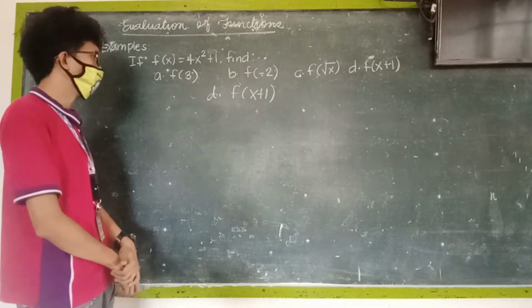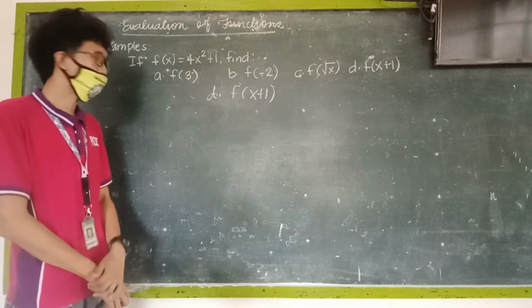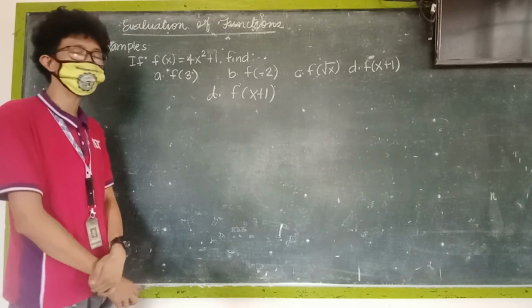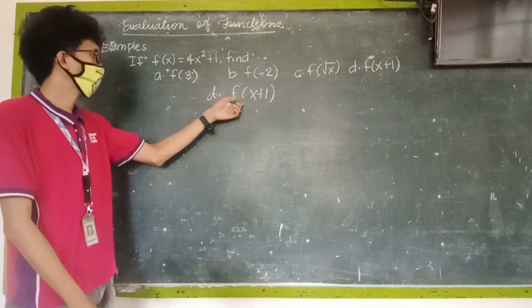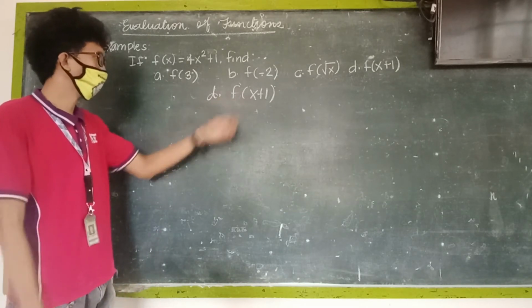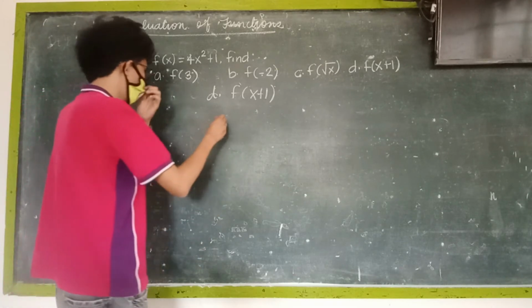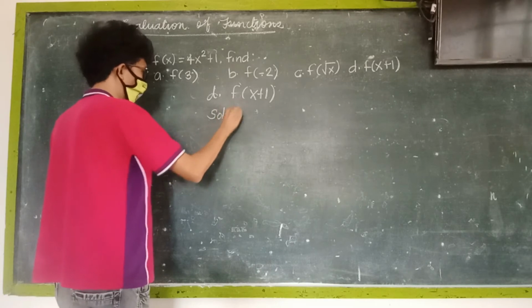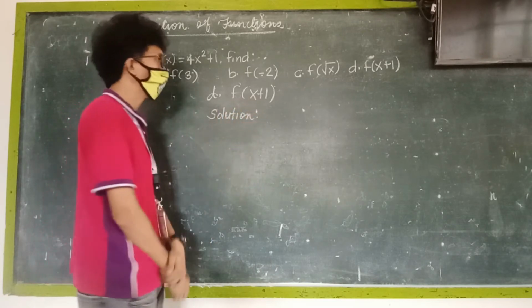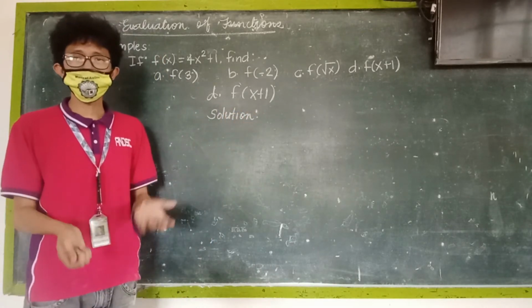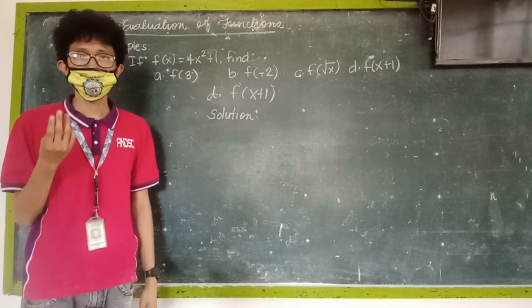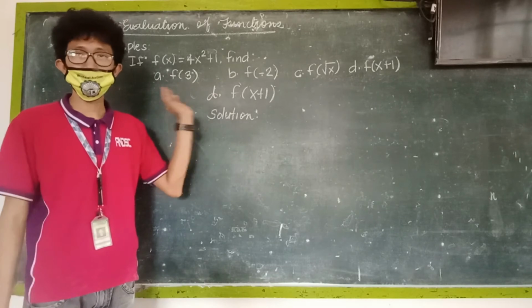We have example letter D, f of x plus 1. So we're going to evaluate the function 4x squared plus 1 given that we have this f of x plus 1. So, our solution, we will still follow the process that we made during the first 3 examples.